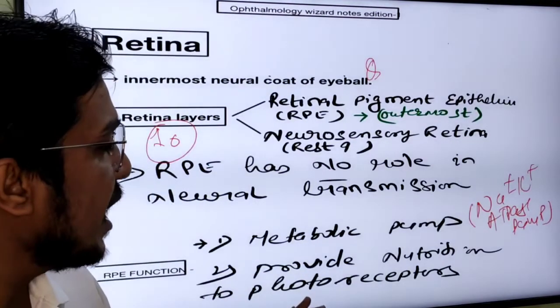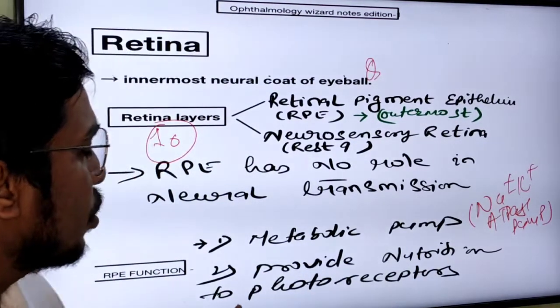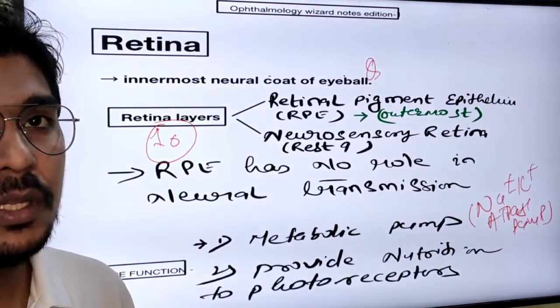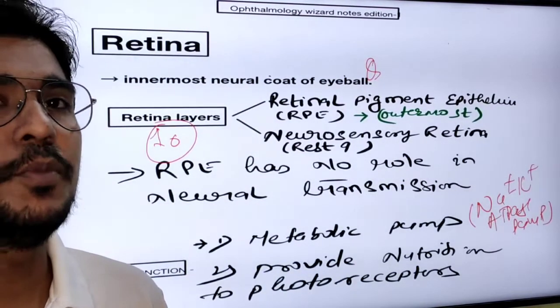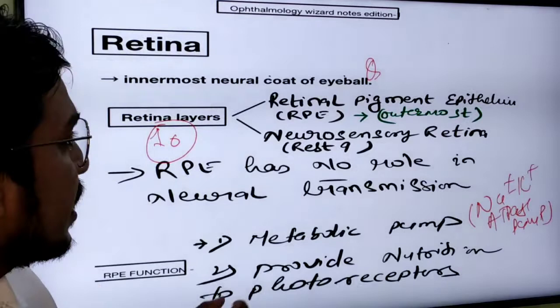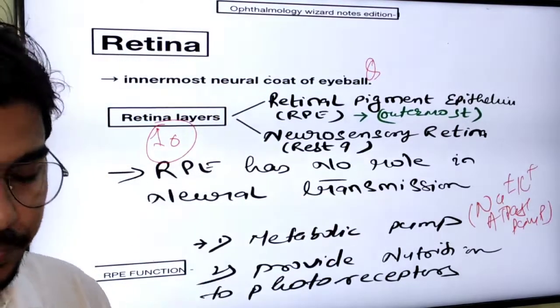The second point is that it provides nutrition to the photoreceptors. Nutrition to the photoreceptors is very important, and it is because of this RPE.